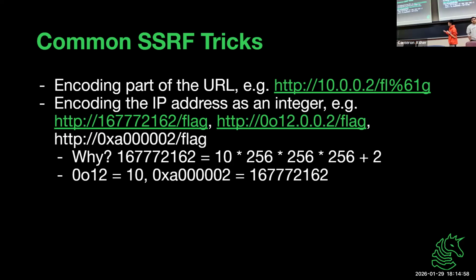Like this is octal encoding, base 8, so you use 0, and then the number 12 in octal is 10. And then the other thing you can do, sometimes you can use hex. So this is the hex representation of the IP address, which is the same thing. And then if you request this, some HTTP clients like Node.js actually do resolve this back to what it originally is, and then you'll be able to get through with a bypass.